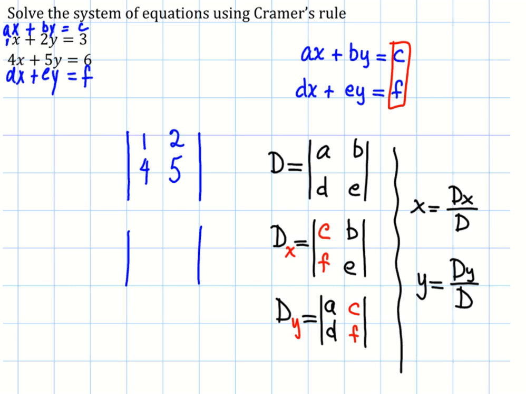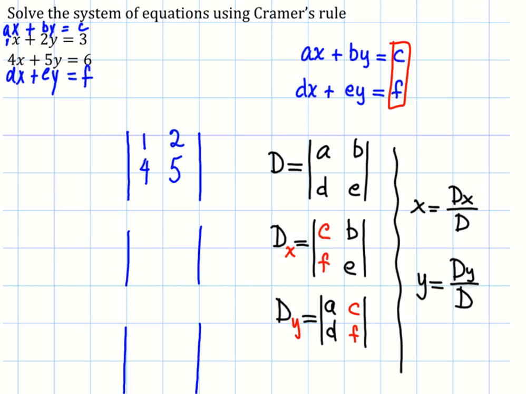It'd be Dx, and we have Dy. So for Dx, if I want x, notice if I put my hand over the x, I have my y and my constant, but it's in the order of CB, not BC, so that's something to take note of.